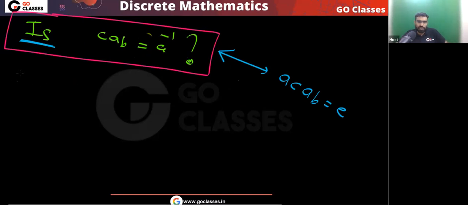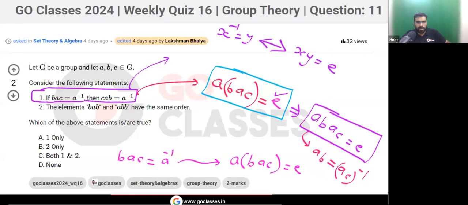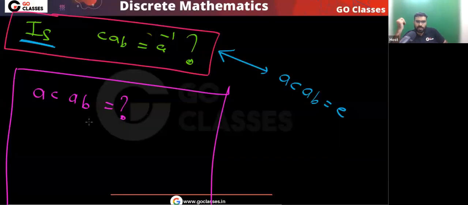So let's prove what is ACAB. Let's find what is ACAB. You already know that AC is equal to AB inverse, so AB is equal to AC inverse. We already know that.